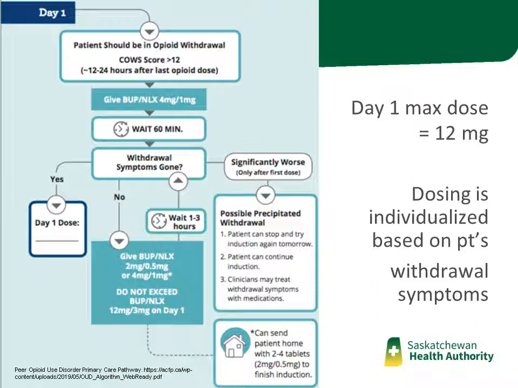If the patient's withdrawal symptoms have remained the same or gotten better, a second dose of buprenorphine is then provided. Dosing can continue based on withdrawal symptoms to a maximum dose of 12 milligrams on the first day. If withdrawal symptoms significantly worsen after the first dose, then we should suspect precipitated withdrawal.